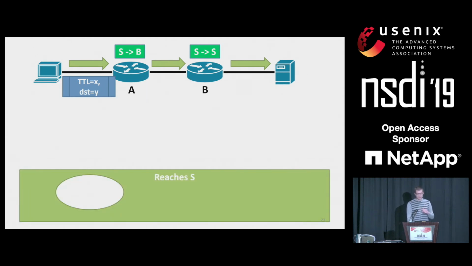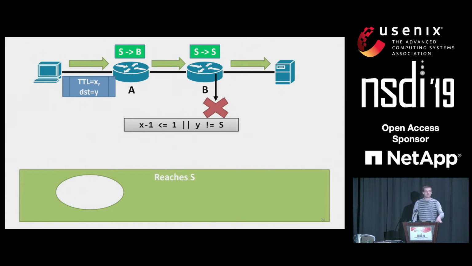But now let's look at what happens when we take the inputs which will eventually reach the server in the first topology. So what happens here is that, let's see if it's possible to be dropped at router A. Solver says no. And let's continue, and let's see if it is possible for packets to get dropped at router B. Well, here the solver will say that, yes, indeed, it is possible.